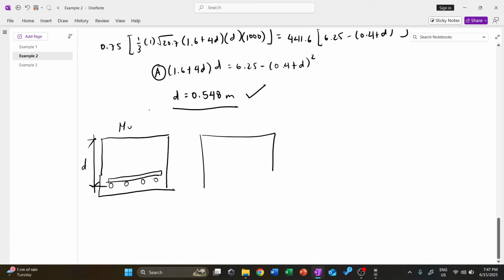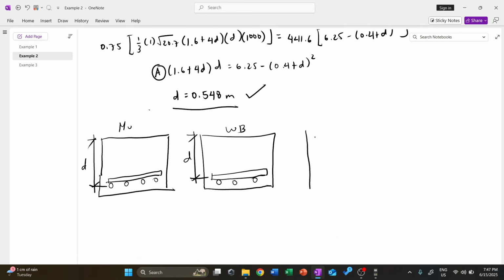Kapag ka naman wide beam, ang effective depth natin ay yung nasa top bar. Okay? So, ito sa wide beam. Then, kapag ka naman punching, ang effective depth natin ay, sabi ng code, yung pagitan ng dalawa. Average of the two. Ayan na. So, ito naman yung sa may punching.